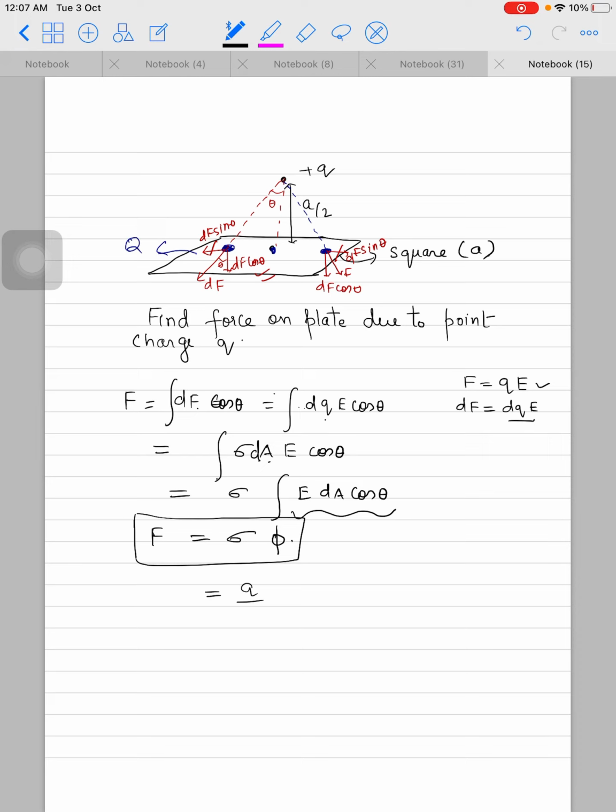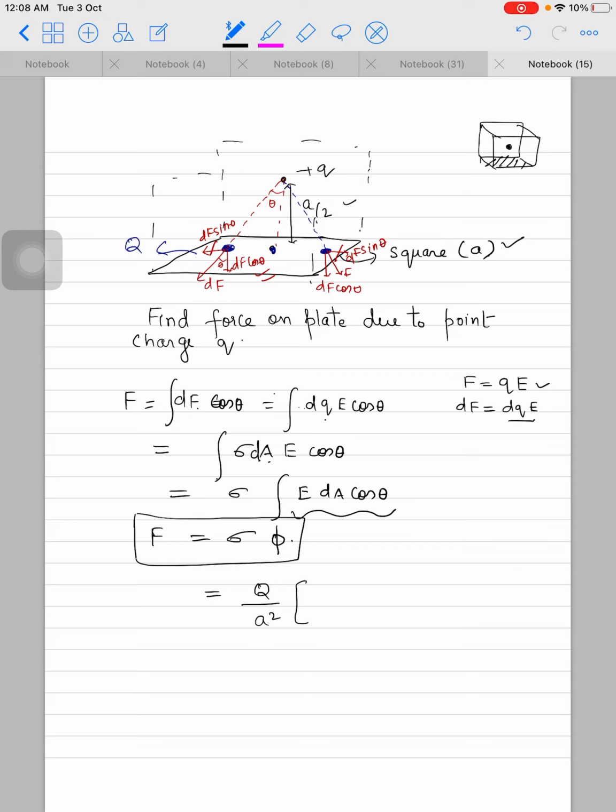And here the sigma of this plate is capital Q upon area, which is equal to a square, and for the flux, since the distance here is a by 2, this question can be solved by enclosing this whole plate in a cube. The charge will be at the center of this cube, and if you enclose it, the figure will come out like this, somewhere here.